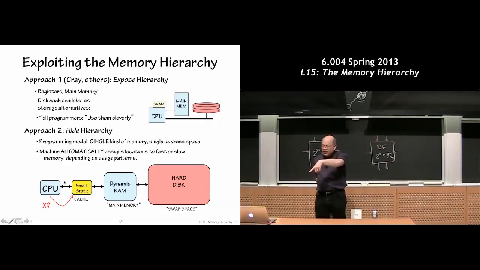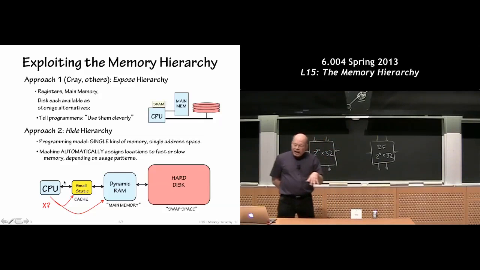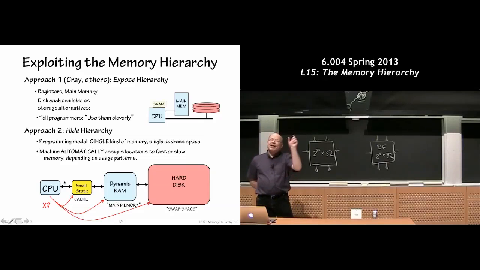So you look at this and you say, okay, first I look in my cache. If I don't have it there, then I have to go look in the main memory. In fact, in most modern systems, when you start a program, it doesn't bother to read the program off of your disk storage and put it into dynamic RAM. It just leaves it on the disk, and only the first time you access it, it gets paged into main memory, and then from main memory into the cache.